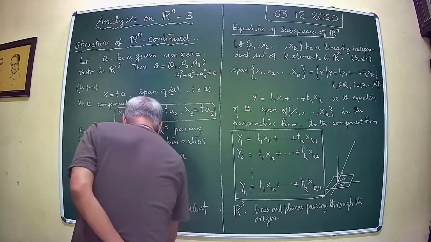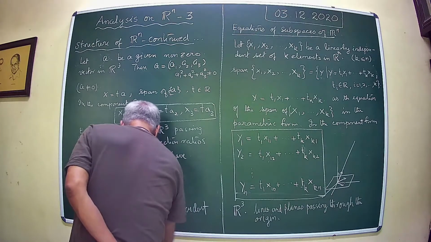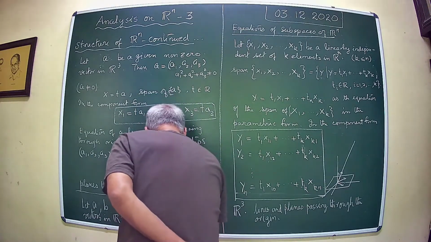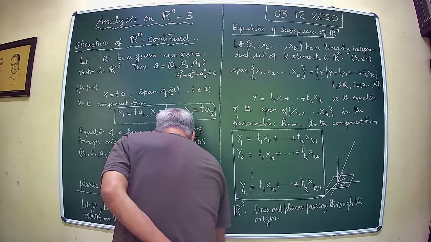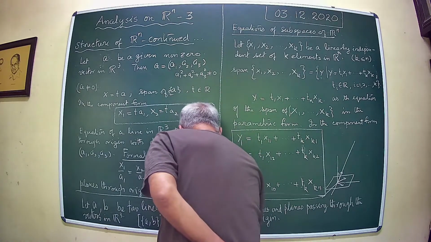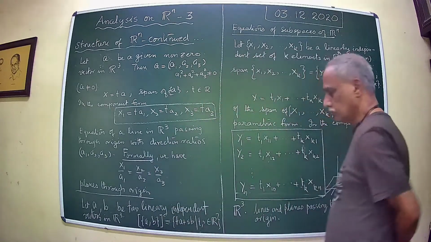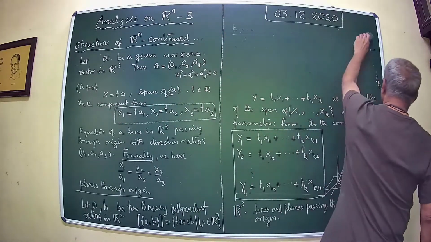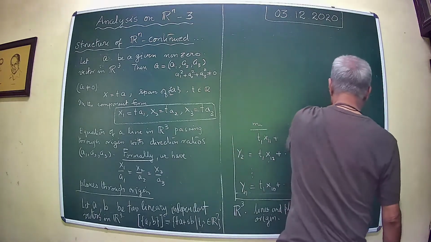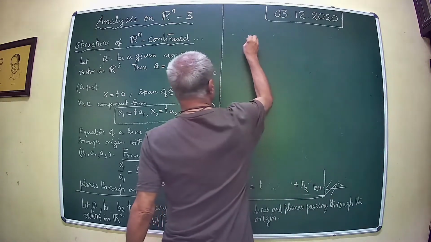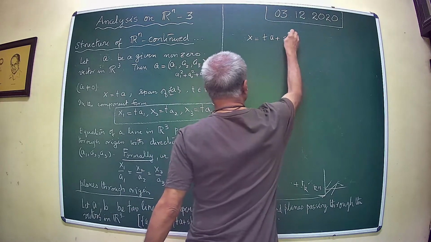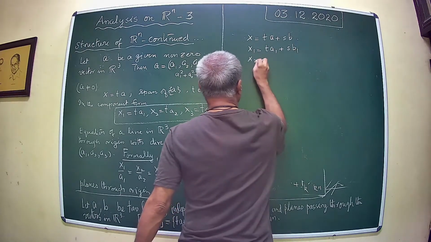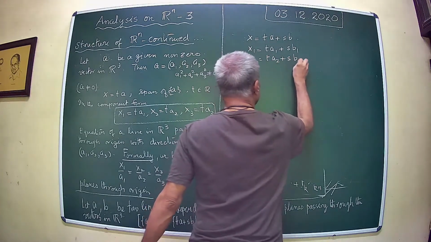The span of A and B consists of all tA plus sB, with t, s belonging to R. So you have the vector equation given by x equal to tA plus sB, that is x1 equal to tA1 plus sB1, x2 equal to tA2 plus sB2, and x3 equal to tA3 plus sB3.